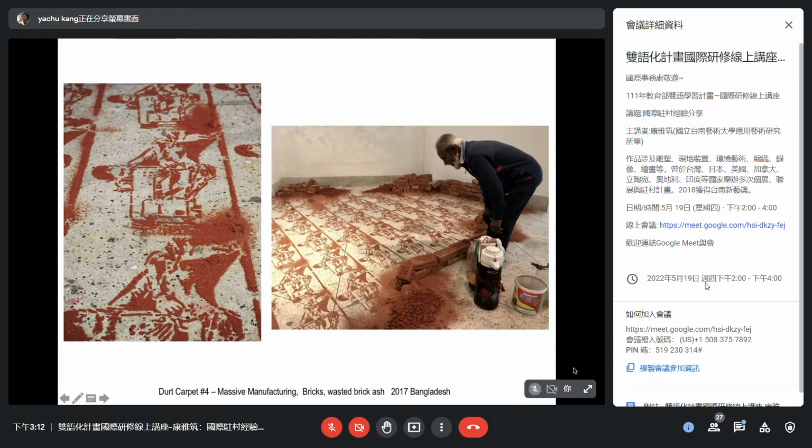I spent a week just trying to move these bricks and ash from outside of the gallery. The gallery is located in a university, and next to the gallery there's a construction site, so there's a lot of brick ash. This old man you see in this photo was selling tea to everyone.